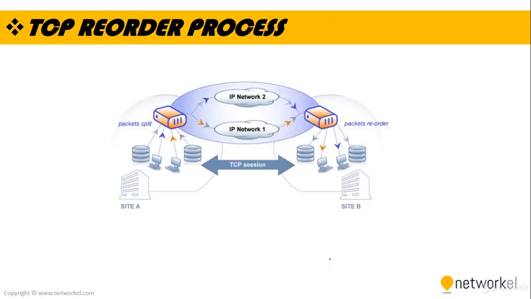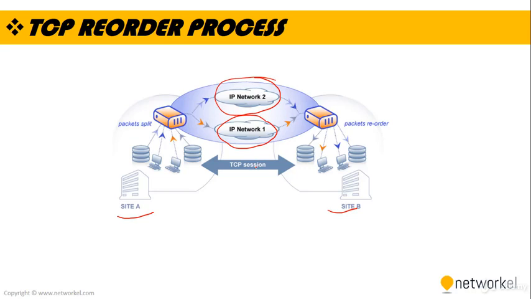Let's talk about the TCP reorder process right now. If you want to send a packet from site A, as you can see in here, to site B, you have two different networks, IP network 1 and IP network 2. When packets are being sent, segments may split to different paths.